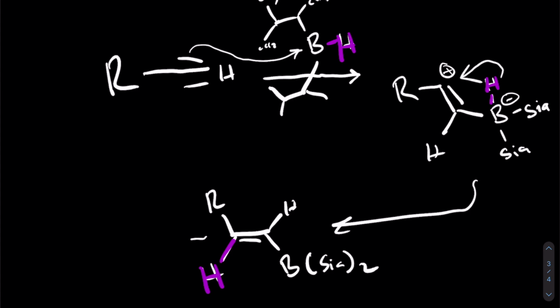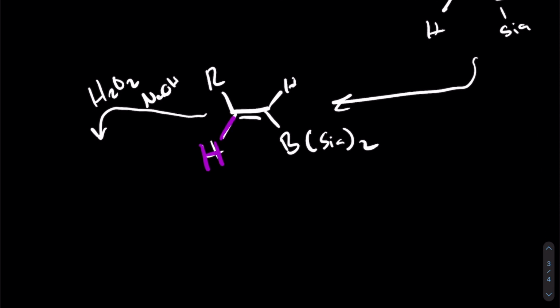So you know how to remove this. Same trick as last time. Pitch in a little peroxide and a little basic conditions. And bada bing, bada boom. You're going to form, initially, of course, your enol, OH, right?